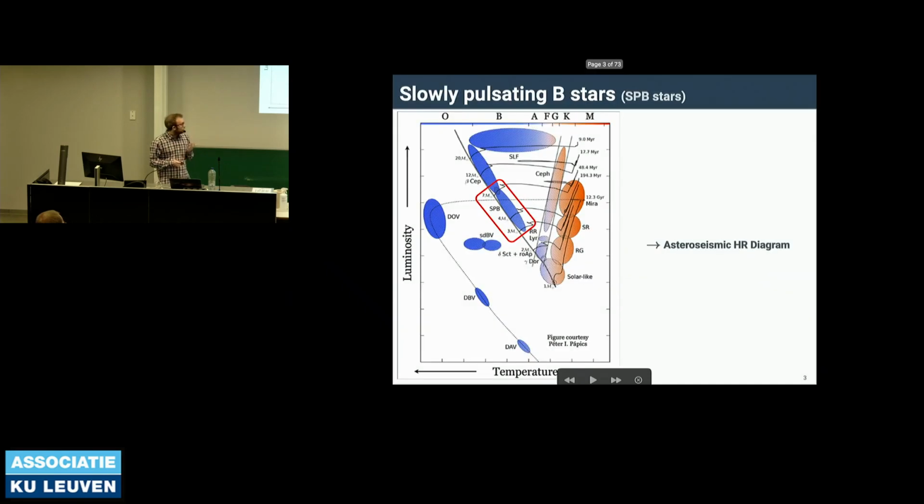Now, slowly pulsating B stars are pulsating stars, as the name gives away, and you can therefore locate them on the asteroseismic HR diagram, or the pulsating star Hertzsprung-Russell diagram, and I've done so here on the right of the screen, where the luminosity is on the y-axis and temperature on the x-axis.